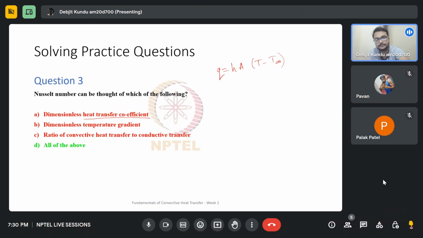Don't hesitate to respond. You can give a wrong answer. It's not the end of the world. Which one is the heat transfer coefficient over here in this equation? Yes?